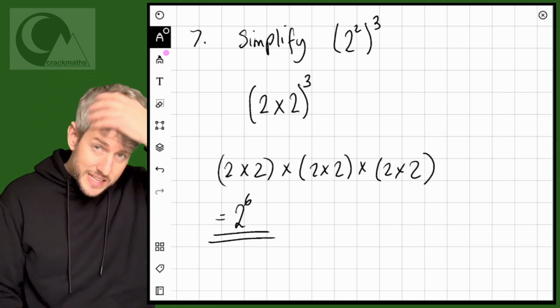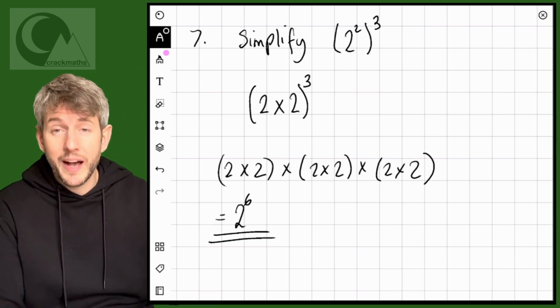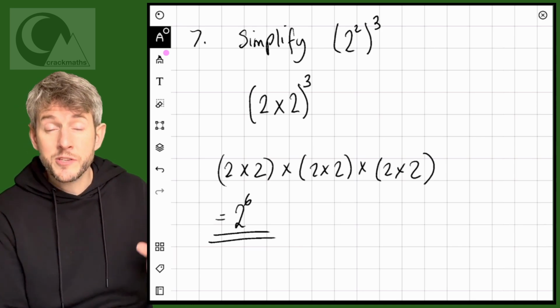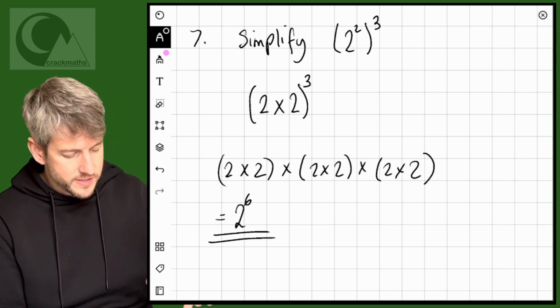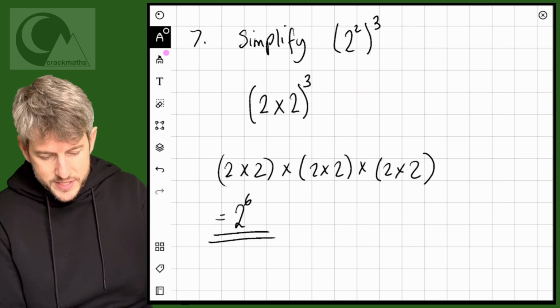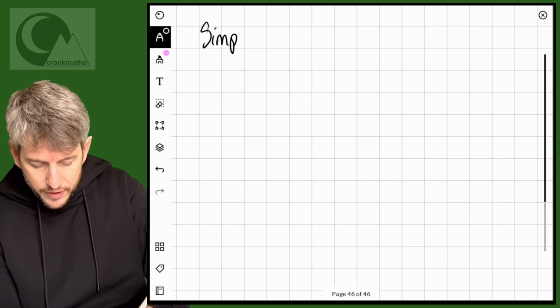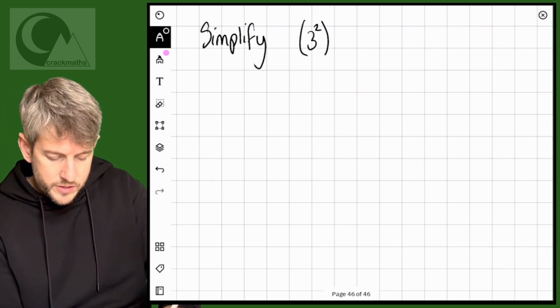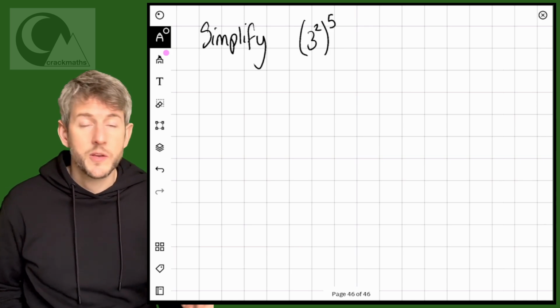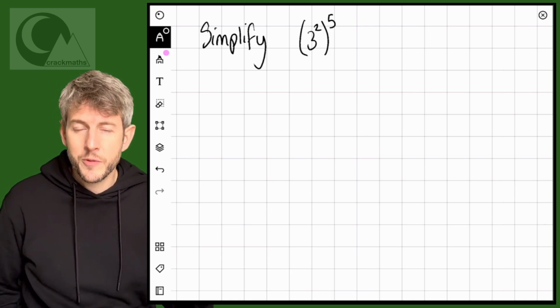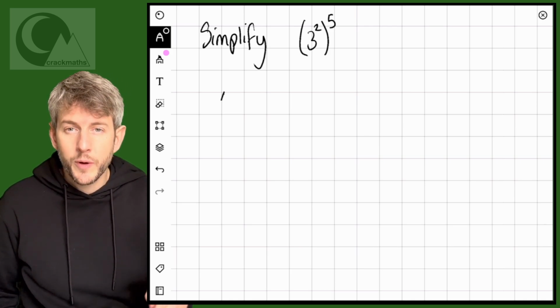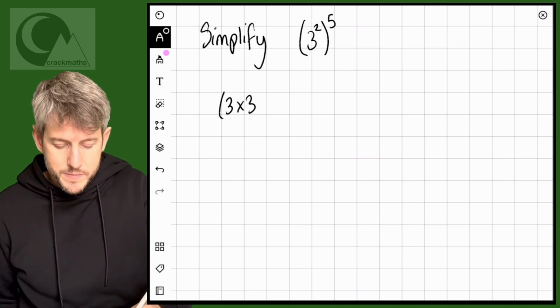And actually, as that is a bit of a different skill, I am going to have a go at another question like that. So this question doesn't exist on the sheet, but what I'd like us to do is have a go at this question here, which is simplify 3 squared to the power of 5. So 3 squared again will mean 3 times 3.